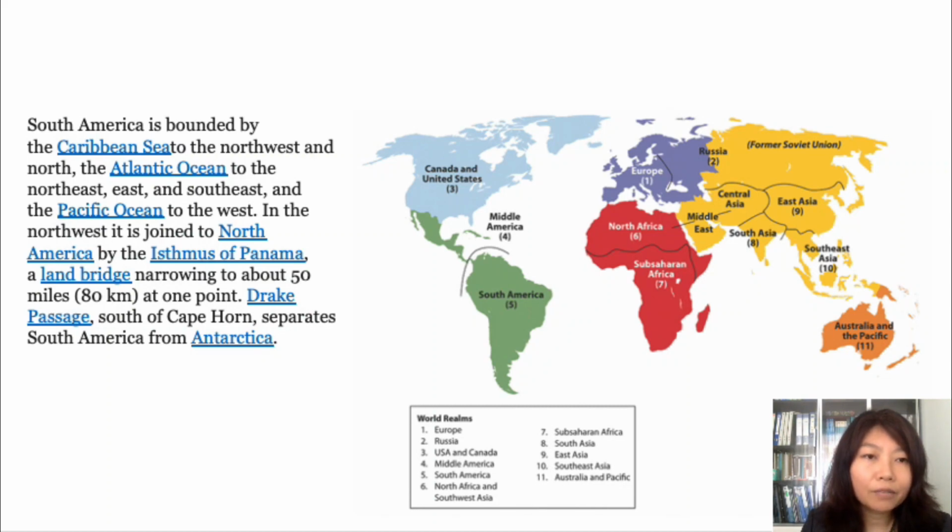So if I want to explain where South America is, I can use two ways. First, use text to describe where it is, or just give a photo of the world and point to where South America is. And we all know that this is a more efficient way to explain.